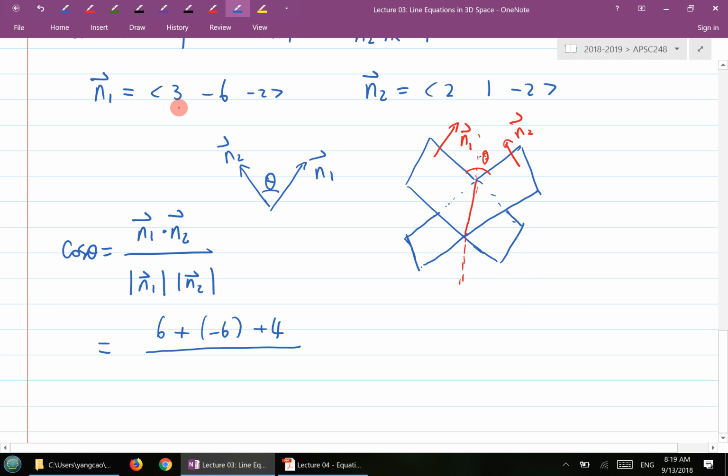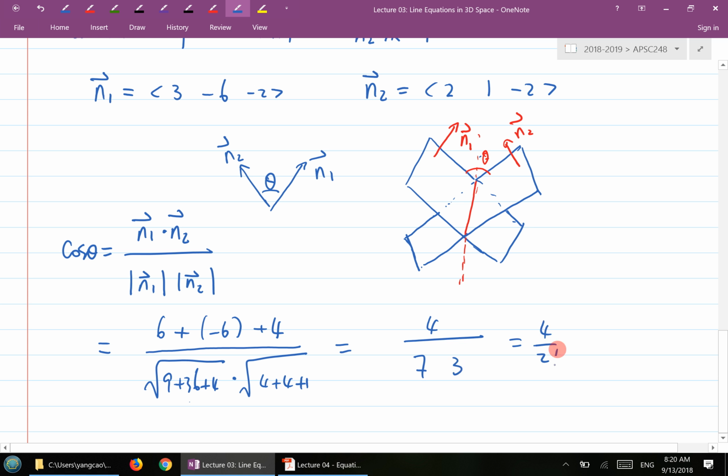The bottom here is the square root of 9 plus 36 plus 4, times the square root of 4 plus 1 plus 4. So the top here is 4. The bottom here is the square root of 49, which is 7, times the square root of 9, which is 3.